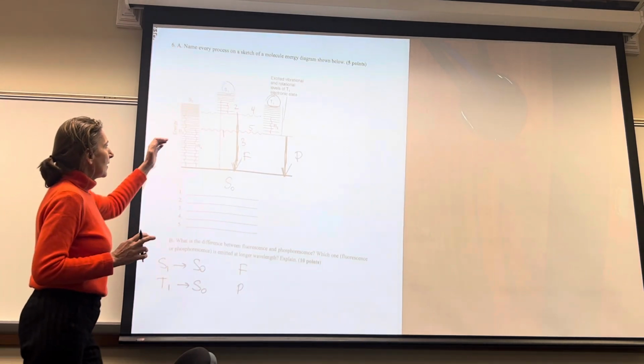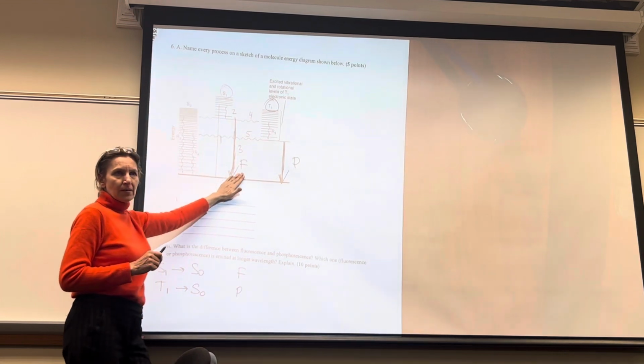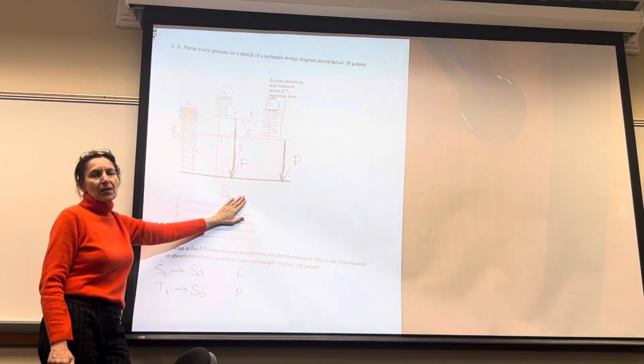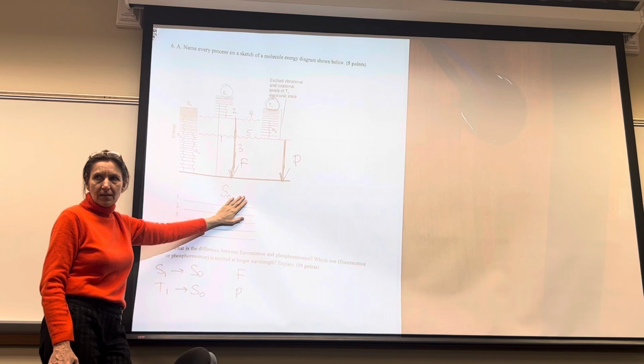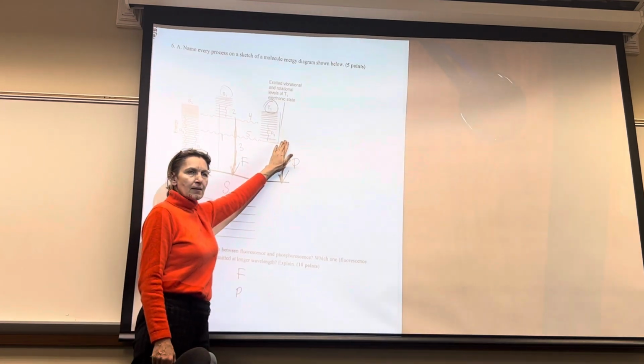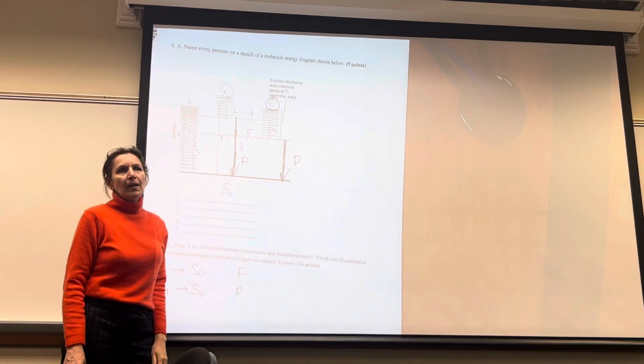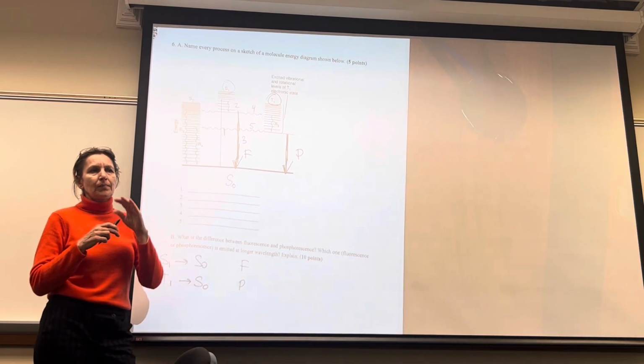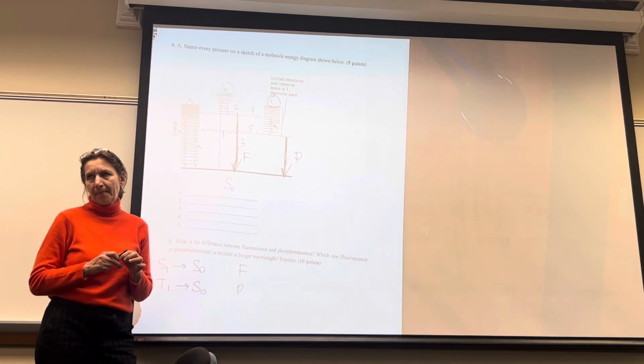Also, we can say that fluorescence is much faster. It's up to 10 to the negative 5 seconds, while phosphorescence is a much longer process. It can take up to 100 seconds.